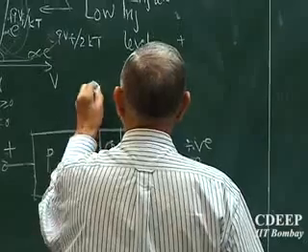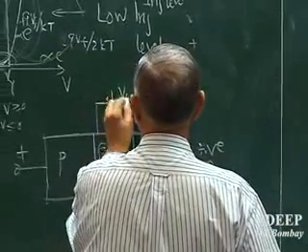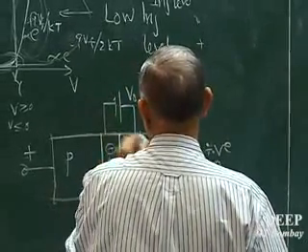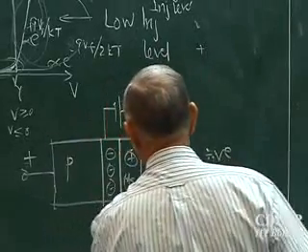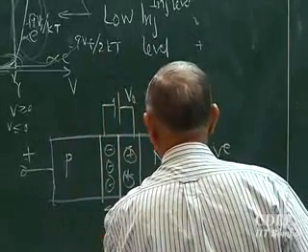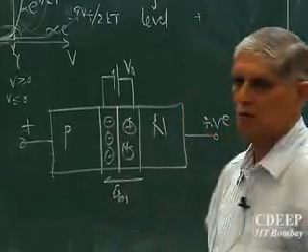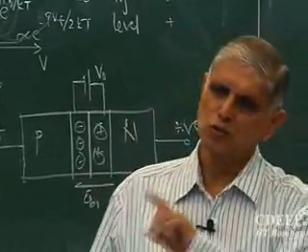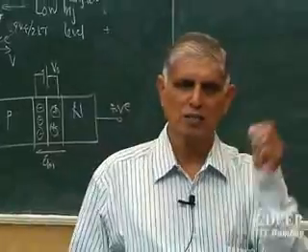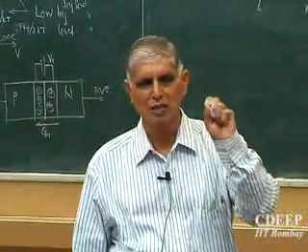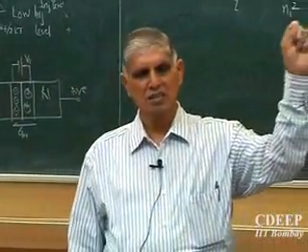Initially you have a built-in voltage V0 which is giving an electric field, call it E built-in, in this direction, positive to negative. Electric field lines always start from the positive terminal and terminate at the negative terminal.